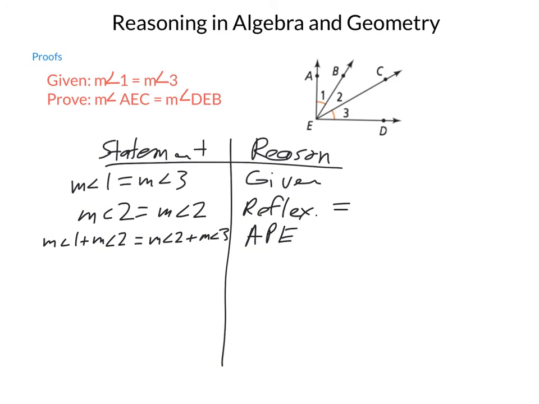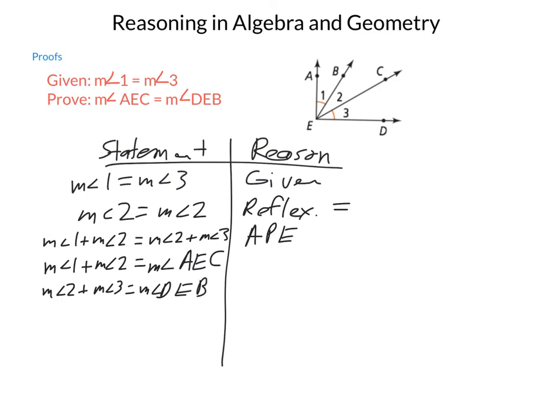Well, in our diagram, that is, the measure of angle 1 plus the measure of angle 2, we're going to call that the measure of angle AEC. Okay. And then similarly, the measure of angle 2 plus the measure of angle 3 equals the measure of angle DEB.